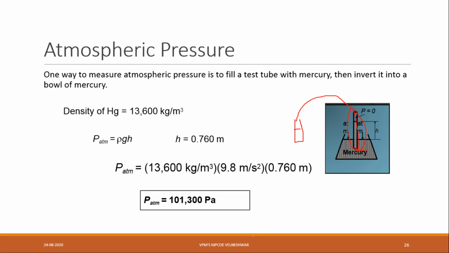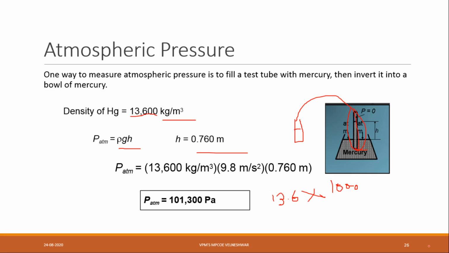Now P atmospheric is equal to rho g h. Here let us take h as 0.760 meter. What is the density here? 13600 kg per meter cube. How are we getting it? 13.6 into 1000, I am getting 13600 kg per meter cube.